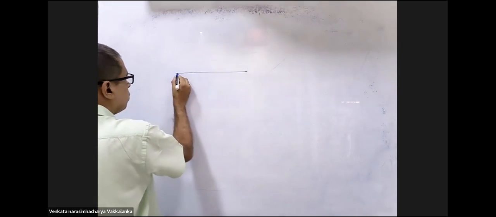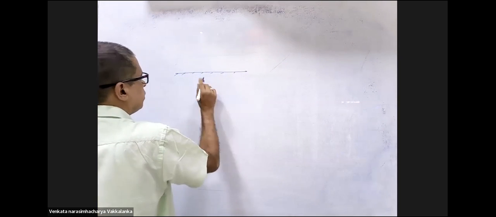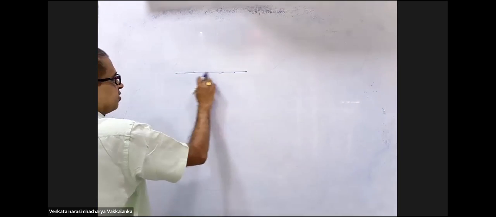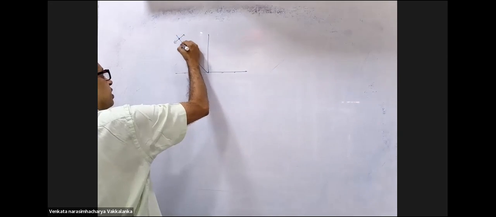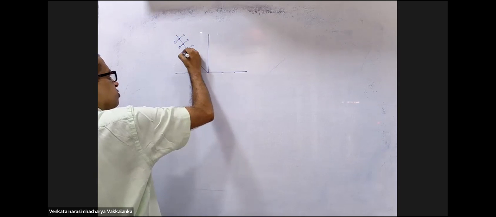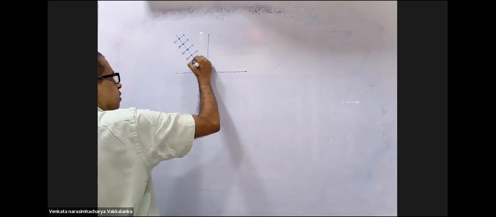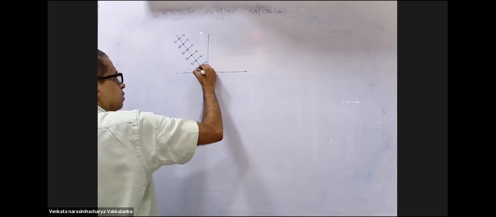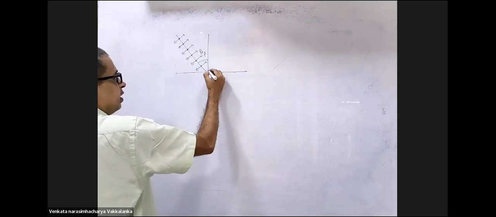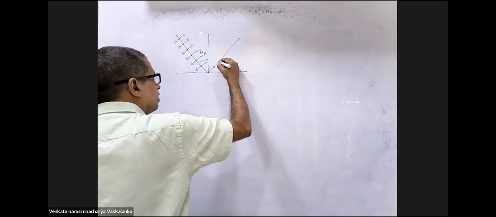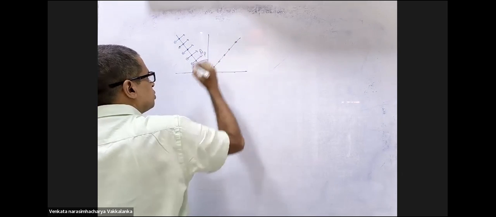Now, you take this as a reflecting surface. Do you have an angle at which I can completely polarize the light? Do you have an angle theta p where I can completely polarize the light? That is Brewster's angle.